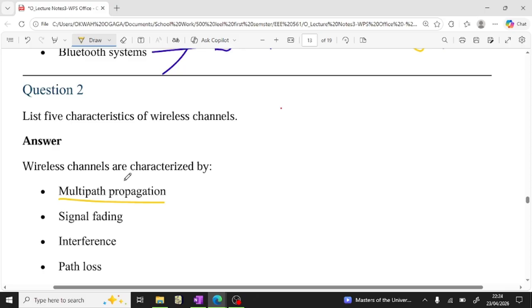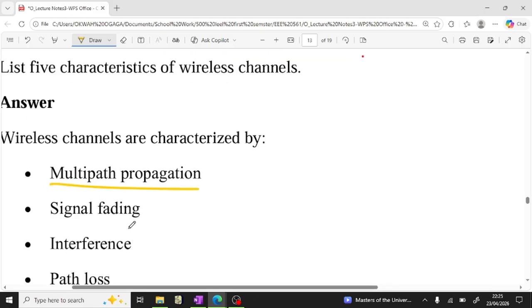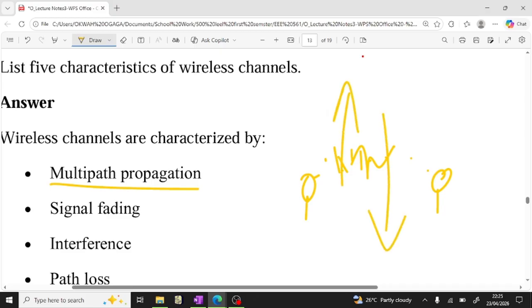Okay, then another property is fading, and this can happen. Fading can happen due to what? Interference. So as your signal is going from one point to another point wirelessly, there will be interference. So that interference can make your signal what? Stronger, or make your signal what? Weaker.